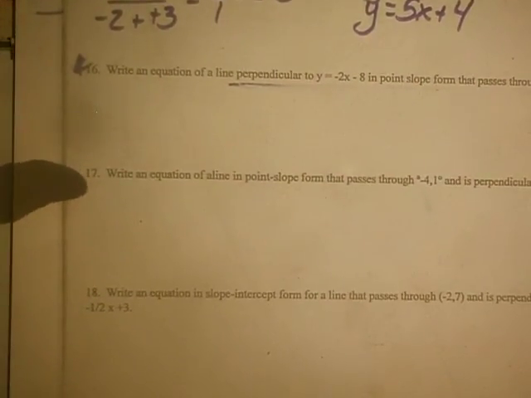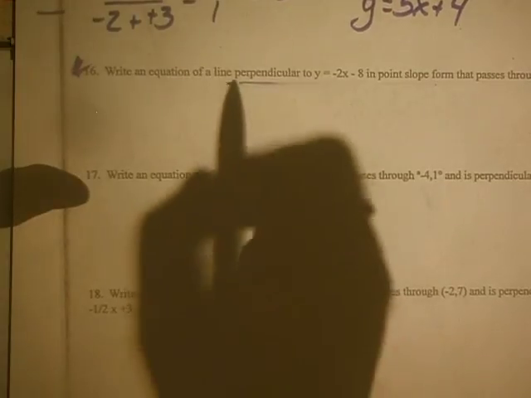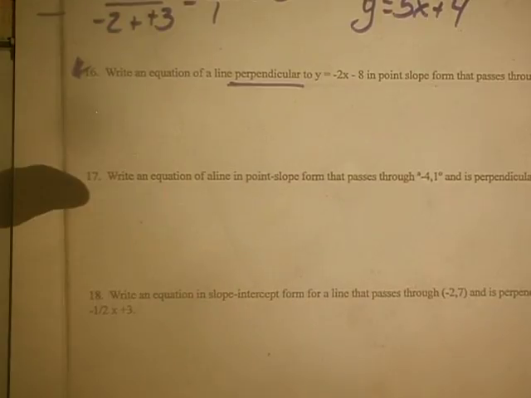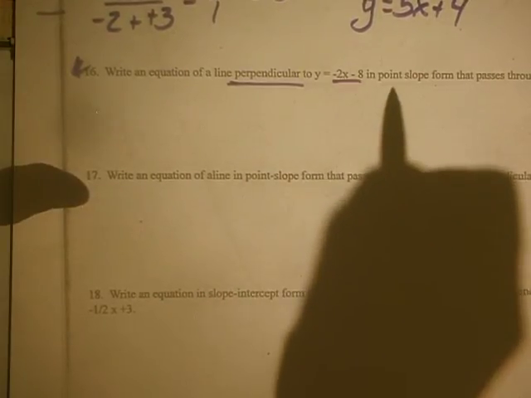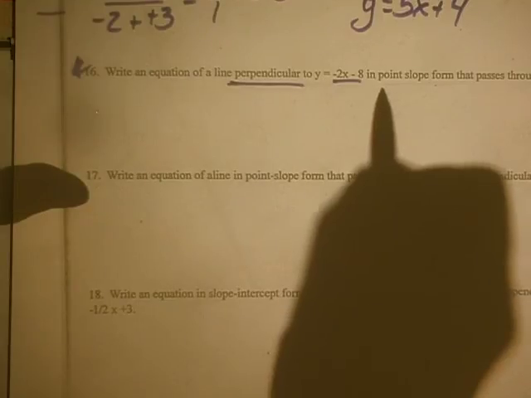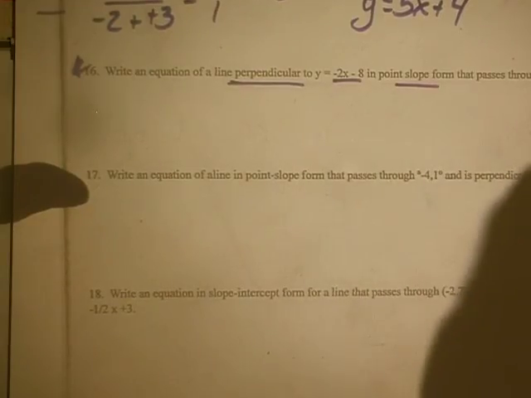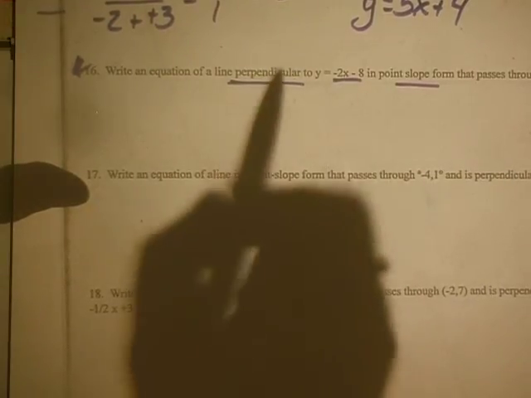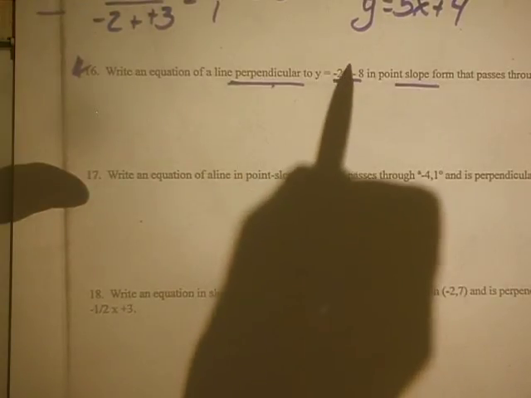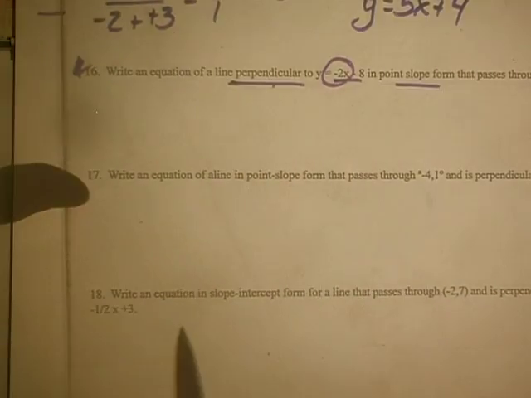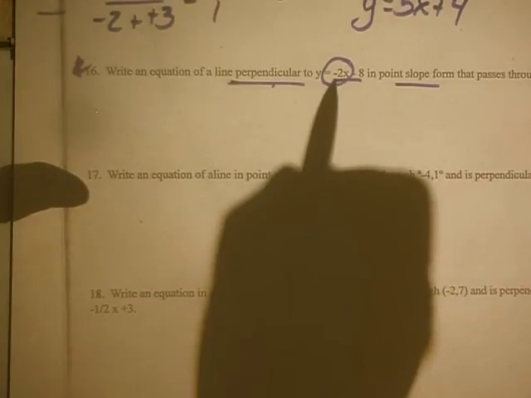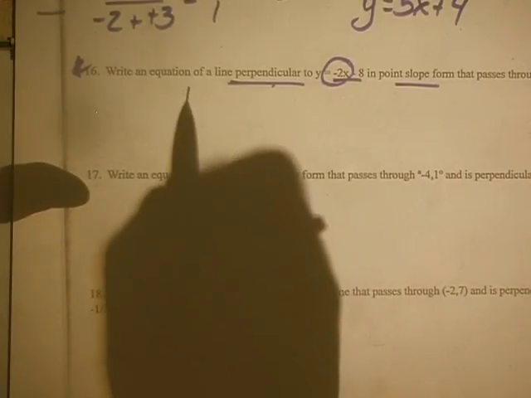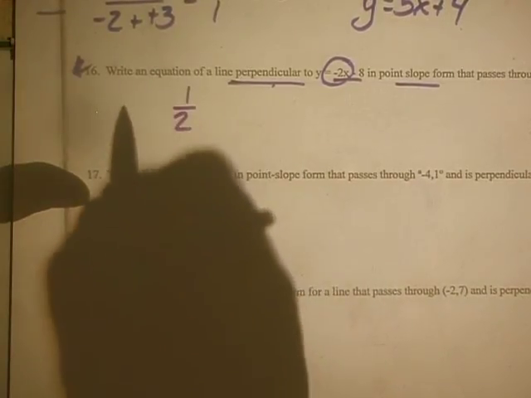Number 16 asks us to write an equation of a line perpendicular to this line. We want it in point slope form, and it passes through this one. Since we want a perpendicular, we want the slope that's the negative reciprocal there. This slope is negative 2, so our slope will be 1/2.